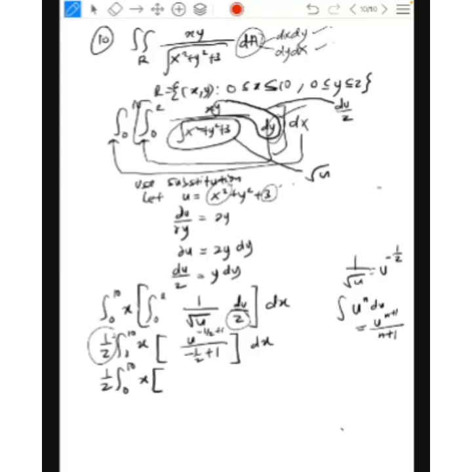So what was u? Okay, 1 over 2 times, it becomes inverted, so 1 over 2 times 2. u is x squared plus y squared plus 3, and then to the power of 1 over 2 as well.